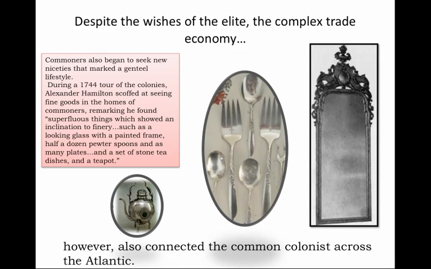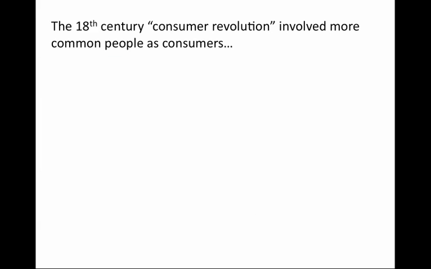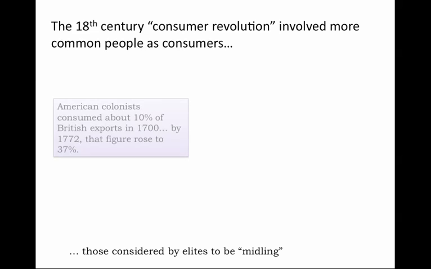What we're seeing here, invented after all, is the American tradition of keeping up with the Joneses, the American tradition of associating one's worth socially and culturally with one's ability to acquire consumer goods. The 18th century consumer revolution involved more common people as consumers, those considered by elites to be middling, and that was not a compliment.